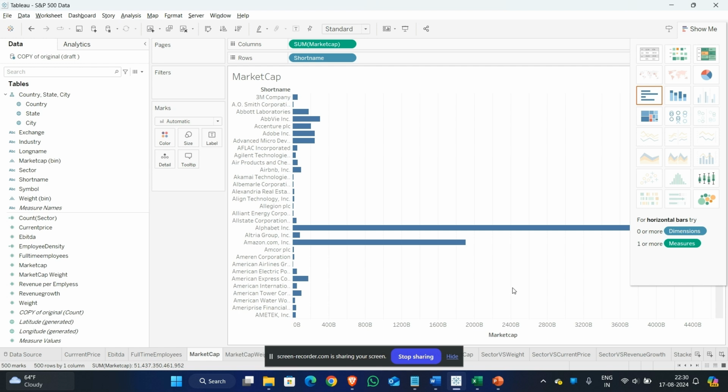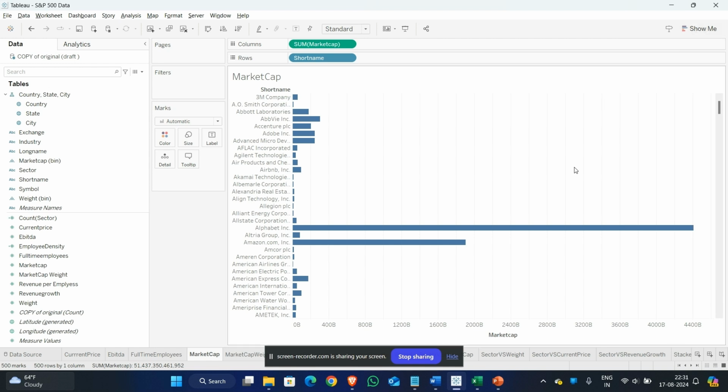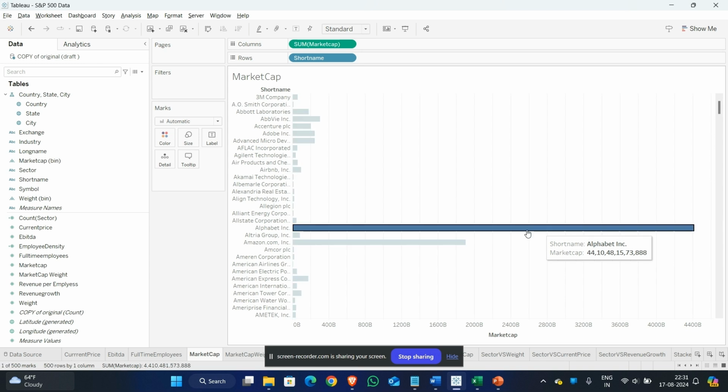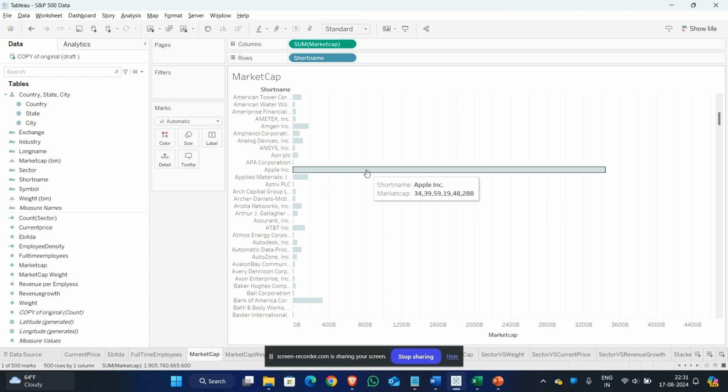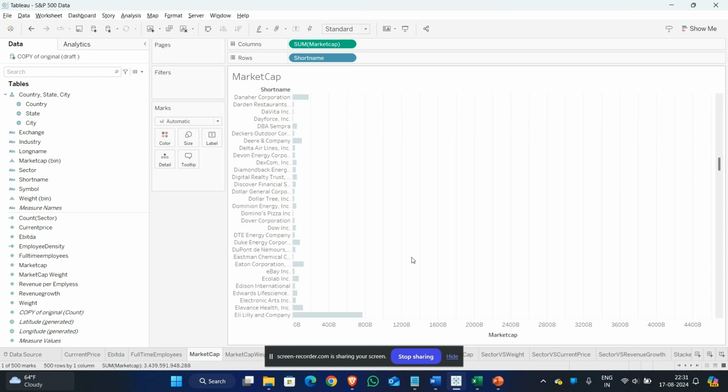From this bar chart, we can clearly see that there are some big companies that have most of the market capitalization, like Alphabet, Amazon, Nvidia, Apple, etc.